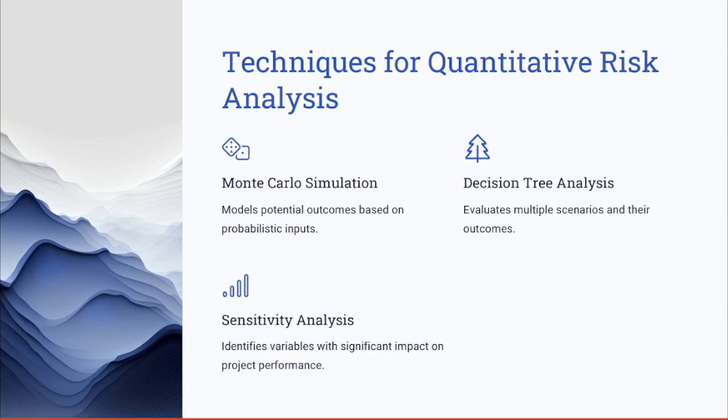The next technique is sensitivity analysis, which identifies key variables that significantly influence the project performance, helping teams to focus on what matters the most. Together, these techniques provide a comprehensive understanding of each risk impact. We are going to go through each of these in the next slides.